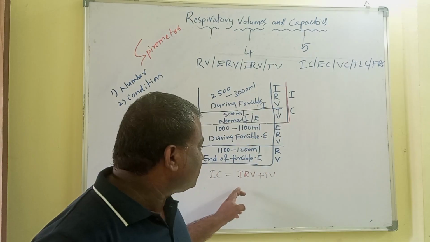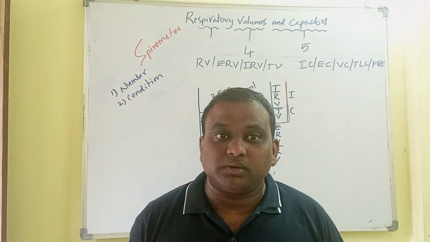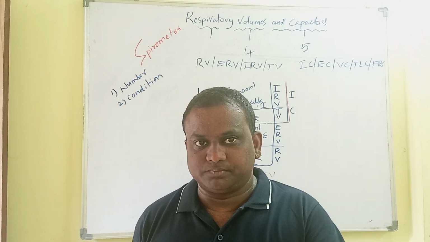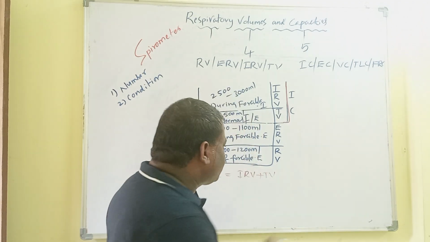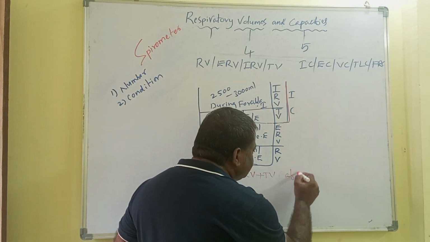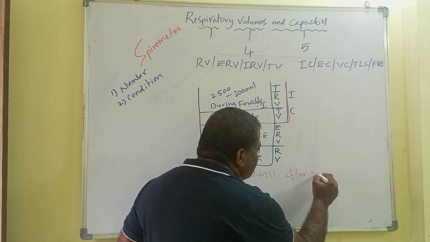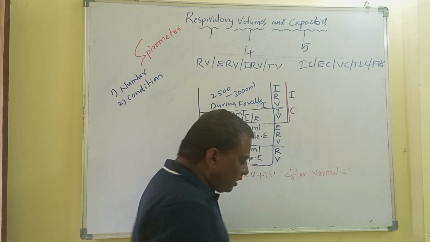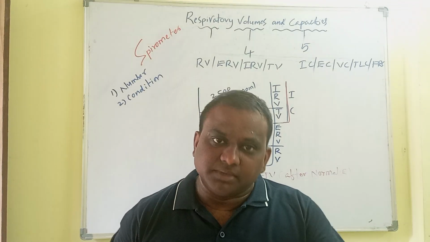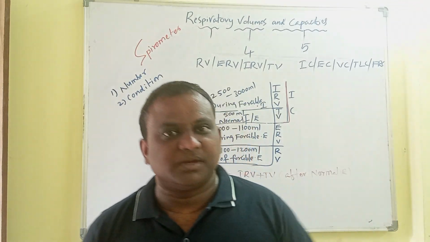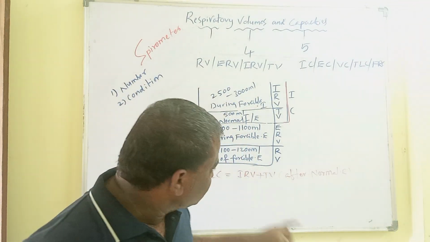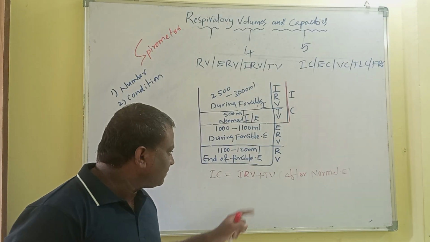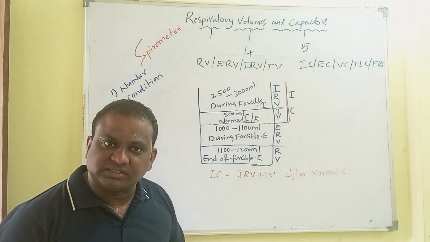So what is the point here? The condition is after normal expiration. After normal expiration, the total volume of air a person can breathe in is inspiratory capacity. Formula for inspiratory capacity is IRV plus TV.